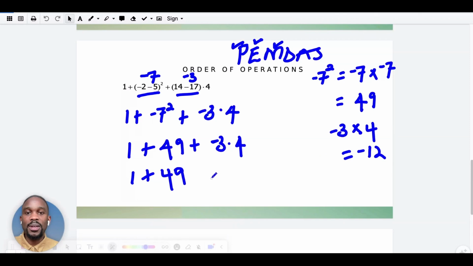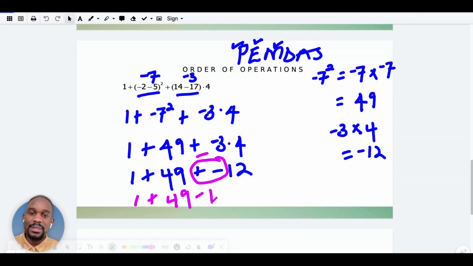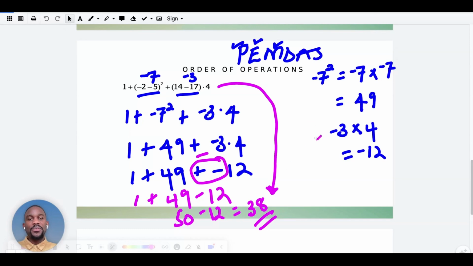So you're having 1 plus 49 minus 12. 1 plus 49 gives you 50, and 50 minus 12 will give you 38. So all this reduces to 38. Every time you have a positive and a negative together, this gives you a negative.